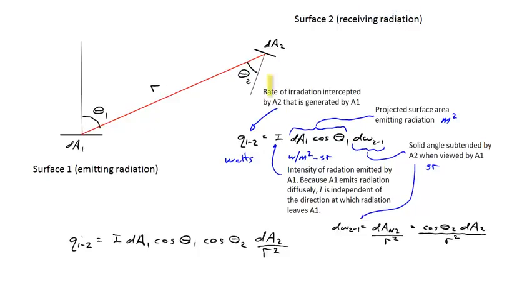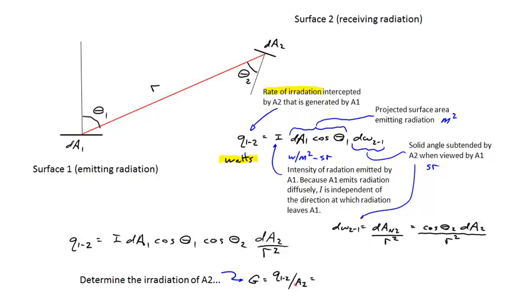So one last thing to do with the terminology. This rate of radiation, I said, was in watts. And you'll also see irradiation by itself. If the question asks you to determine the irradiation of A2, it means determine G, which is Q12, the total wattage, divided by the surface area of A2.